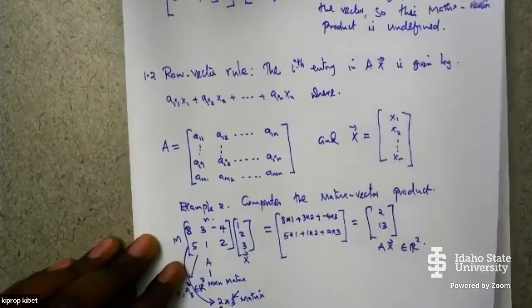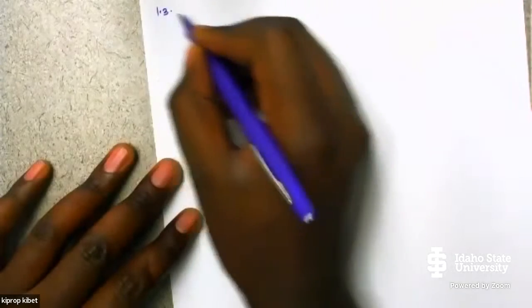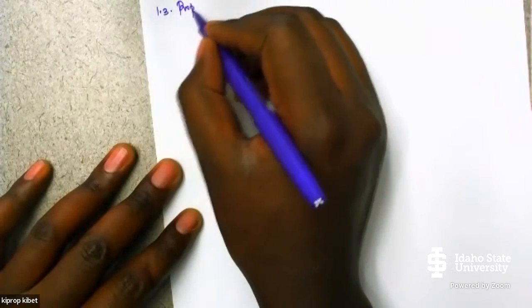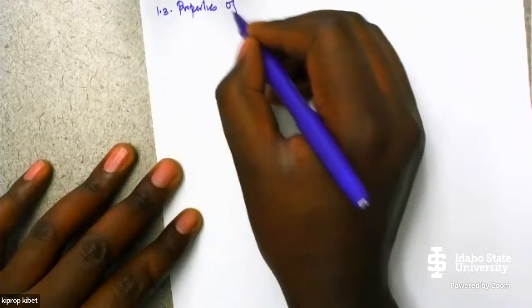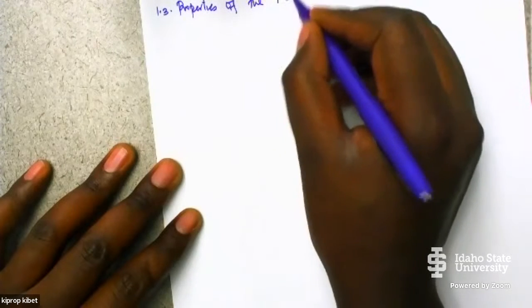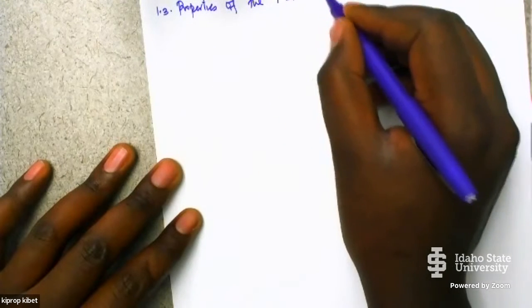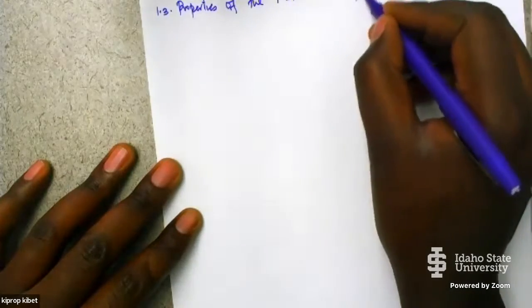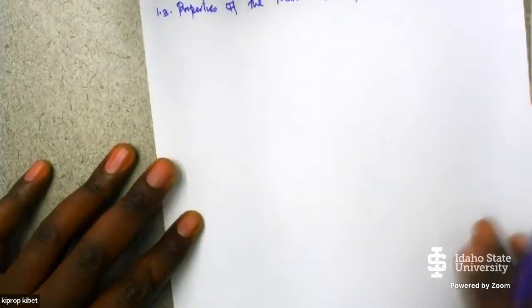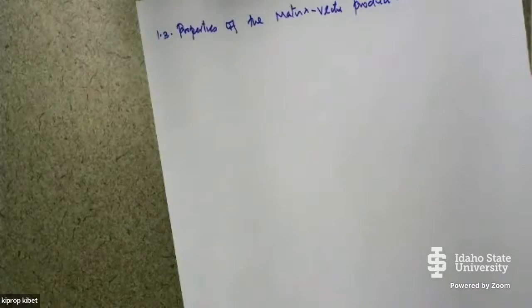Okay, now let's come to the next section, which is 1.3, properties of the matrix vector product.